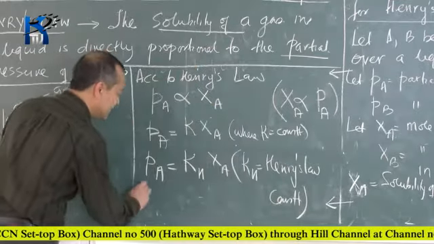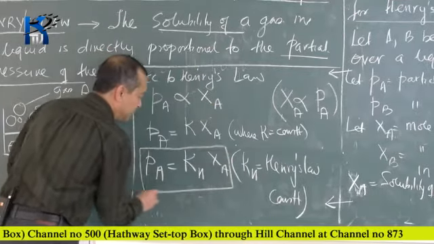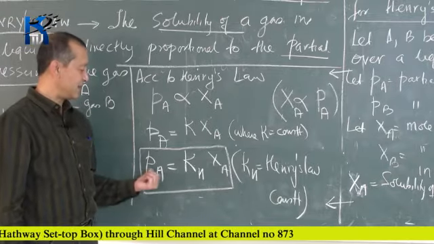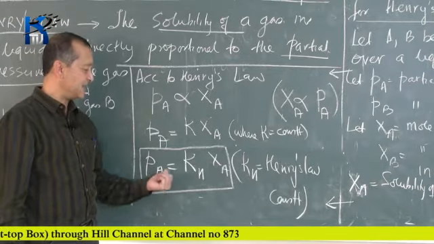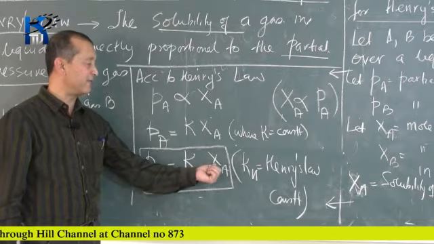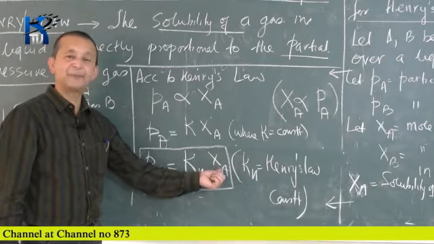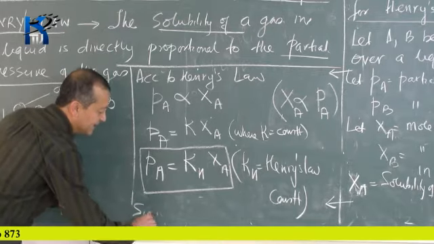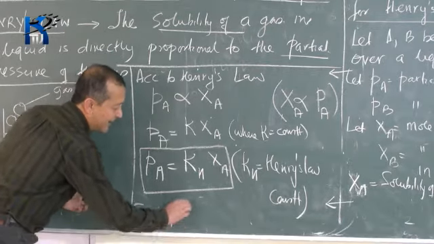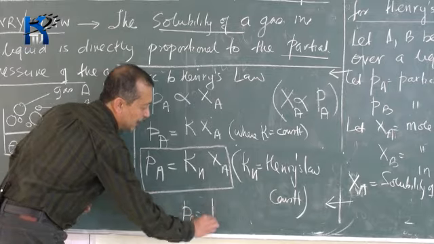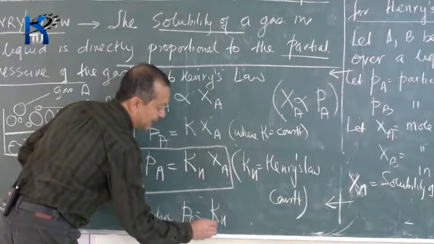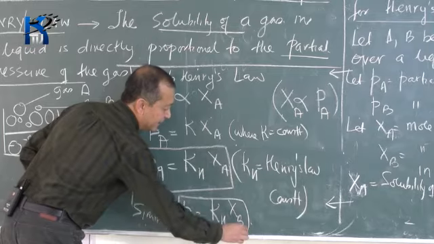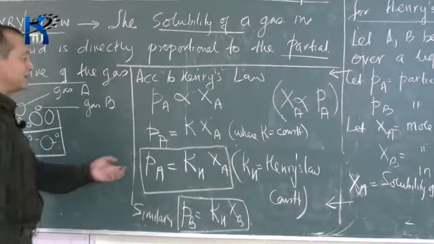So this is the mathematical expression of Henry's law for the gas A: the partial pressure of A is equal to KH into the mole fraction of A, where the mole fraction of A represents the solubility of A. Similarly, you can write PB equal to the Henry's law constant into the mole fraction of B. So for each of gas A and gas B, you have a Henry's law expression.